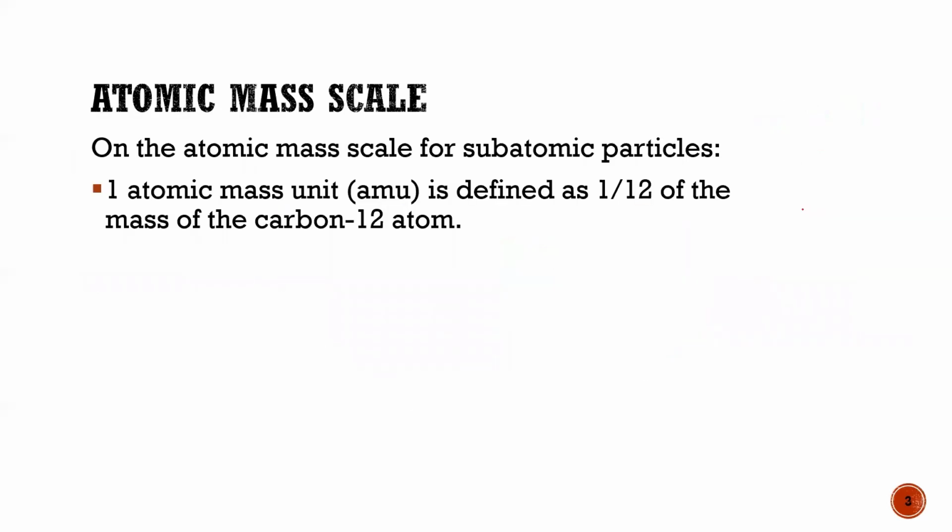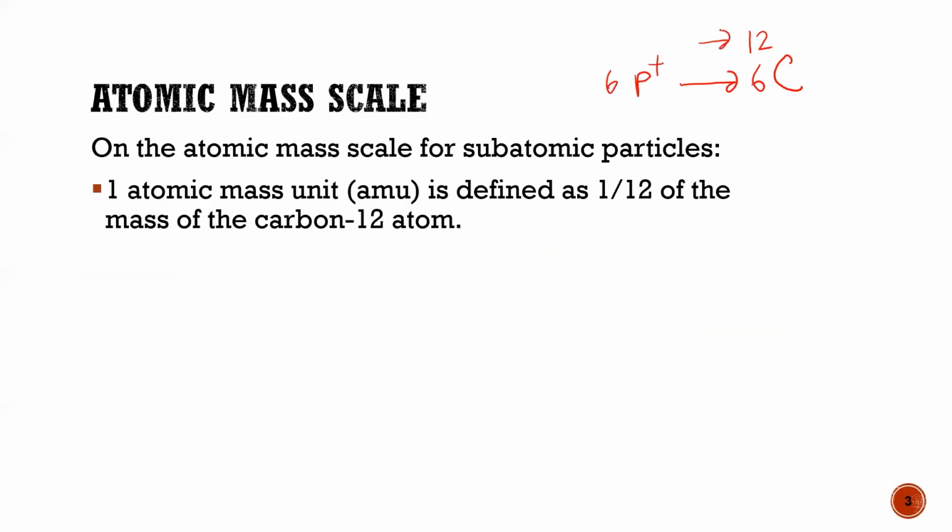Now, there is atomic mass. The problem with atomic mass is that it's a really small number. If you took 1/12 of a carbon-12 atom, the reason they use carbon-12 is that carbon-12 has 6 protons.